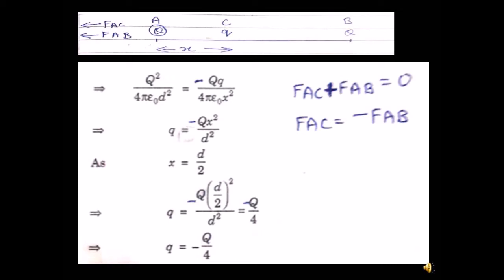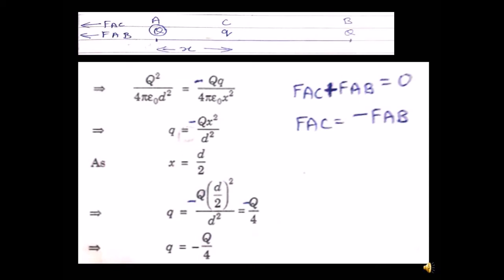Since both the forces FAC and FAB are in the same direction, their net force is the addition, FAC plus FAB. But we have to equate the net force to 0, because we are utilizing the condition that this charge is also in equilibrium. Equilibrium means net force 0. So FAC plus FAB equated to 0, so FAC equals minus of FAB.